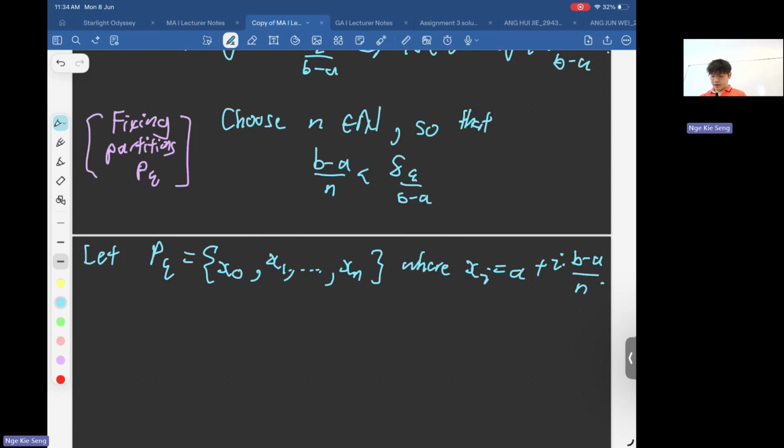Now we try to compute the difference between sup and inf.